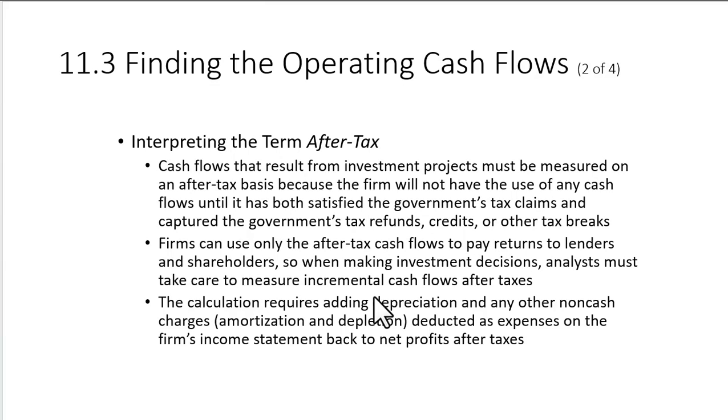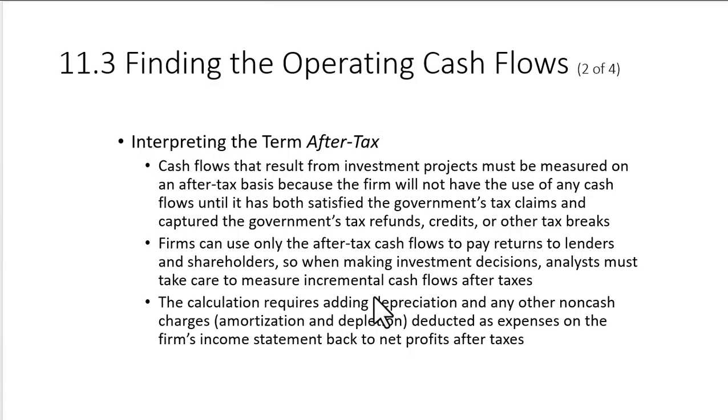And again, we want to understand this is after tax. So we can only use after-tax cash flows to pay people. So that's what we want to use in the end in valuing our assets and in our prediction.